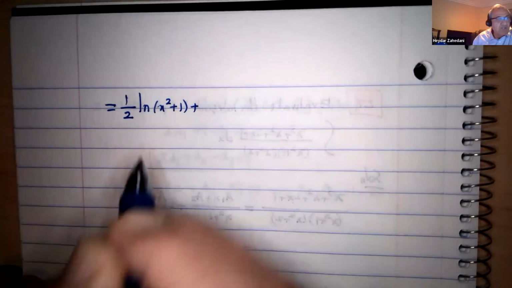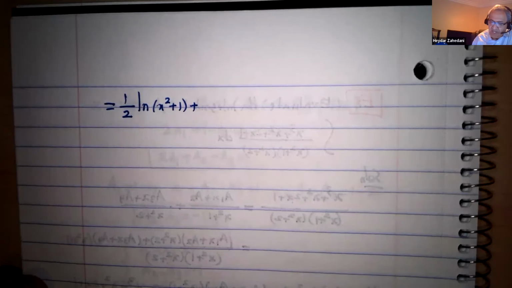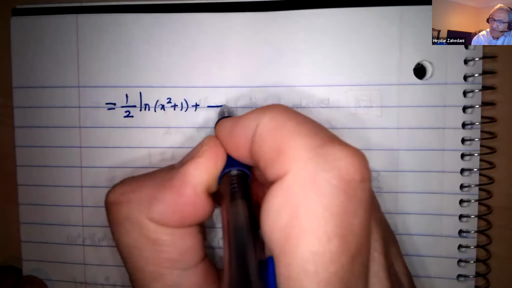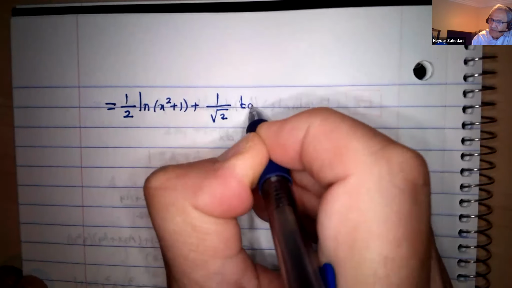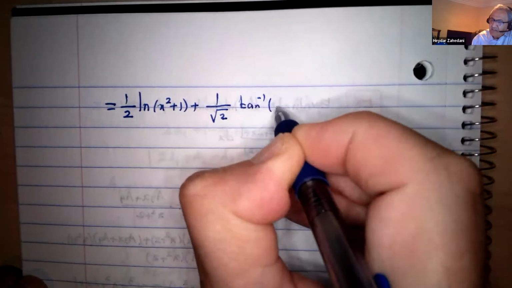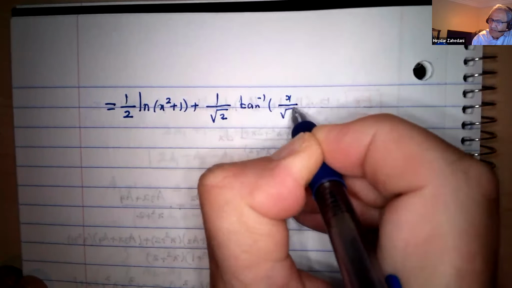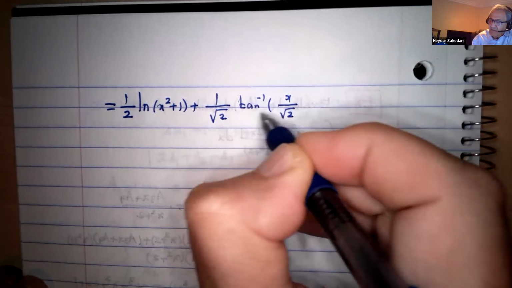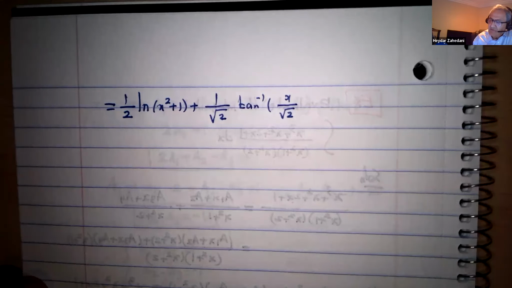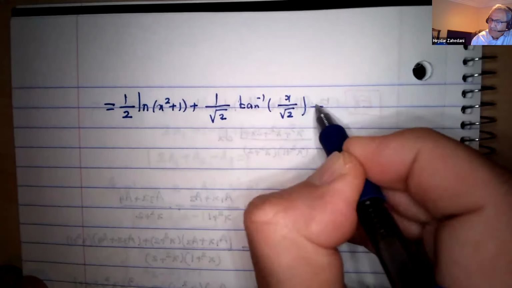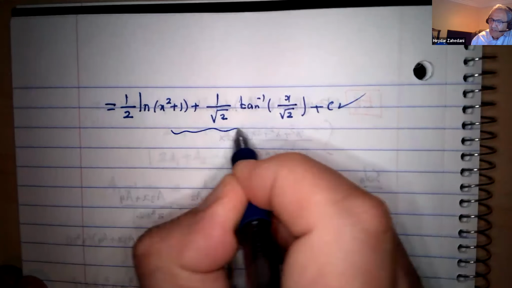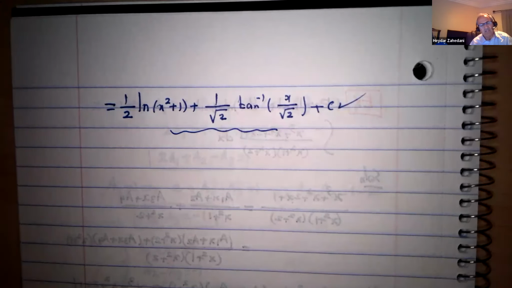And the second one, tangent inverse: a squared is 2, a is radical 2, so 1 over radical 2 tangent inverse of x over radical 2. That's plus C. That would be the final answer for this one.